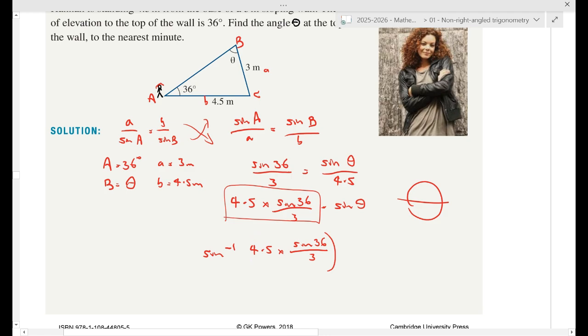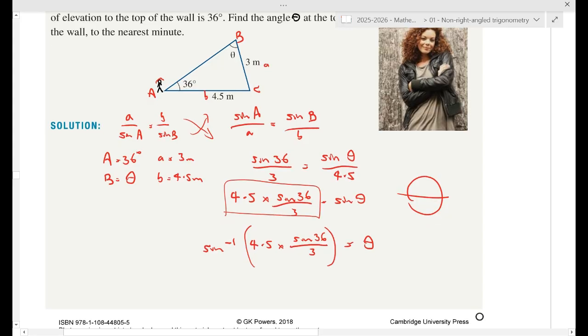So I'm just putting all of that into the bracket and that will equal theta. So shift sine, then my brackets are open. I go 4.5 times sine 36, close bracket, over 3. Then I've got to go over to the right to make sure I close the whole bracket. So on your calculator, you'll actually have a bracket there as well.